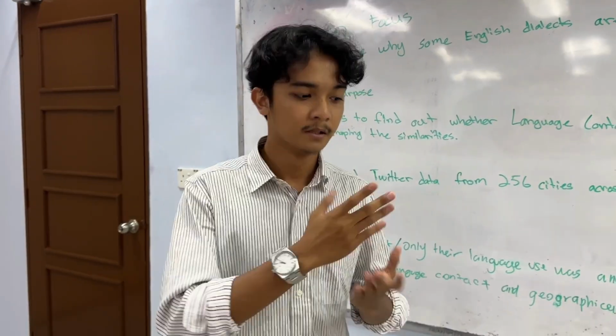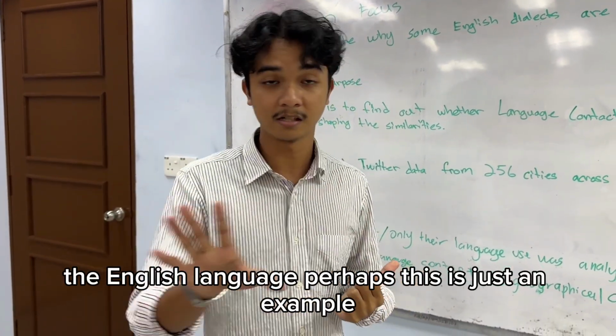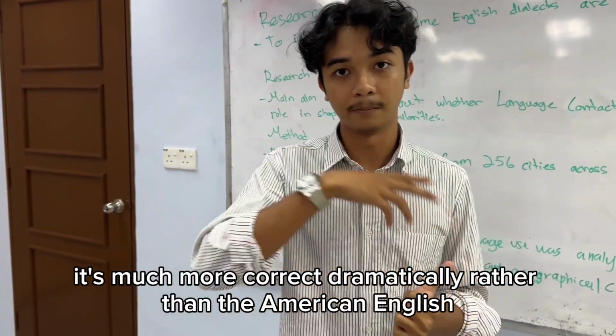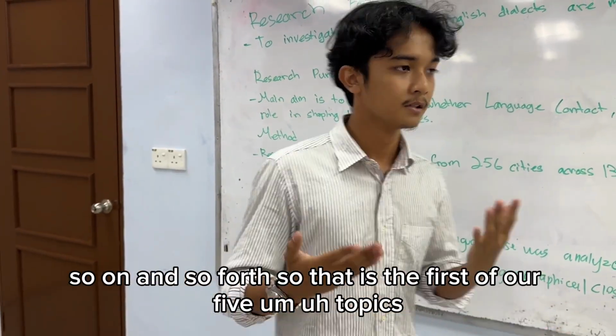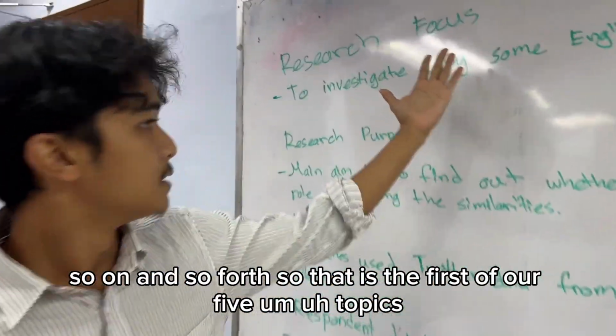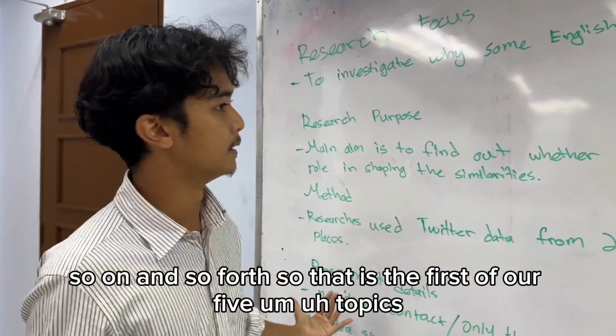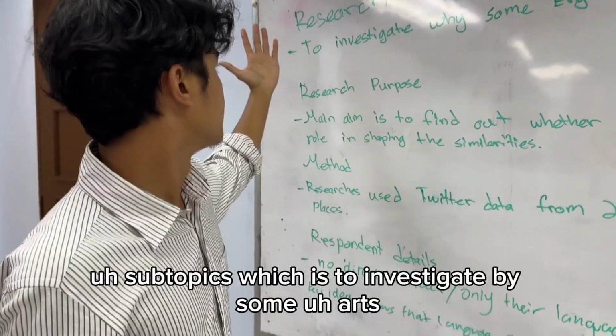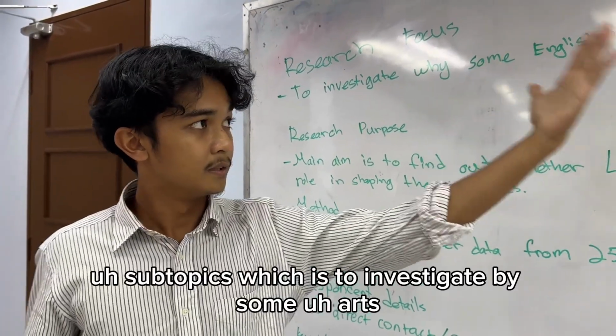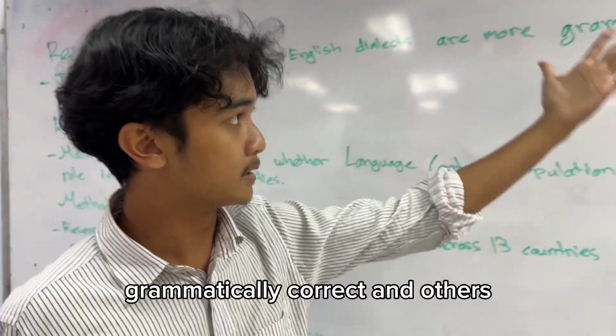For example, perhaps this is just an example, British English is more grammatically correct than American English, and so on and so forth. So that is the first of our five subtopics, which is to investigate why some are more grammatically correct than others.